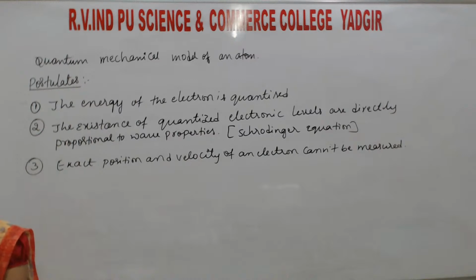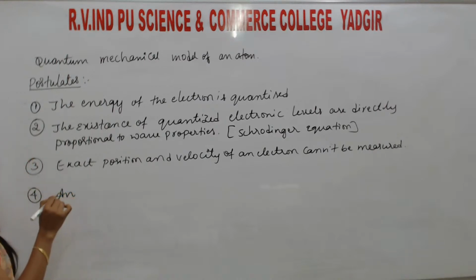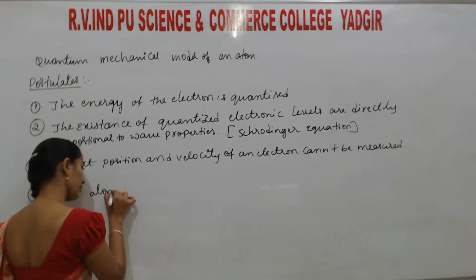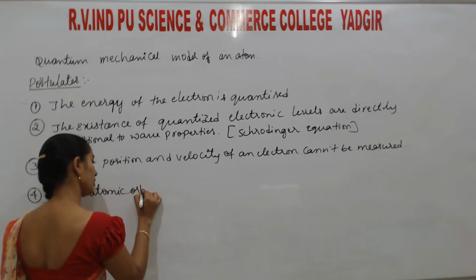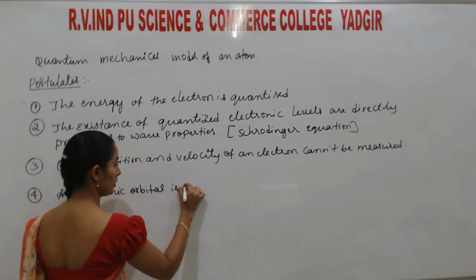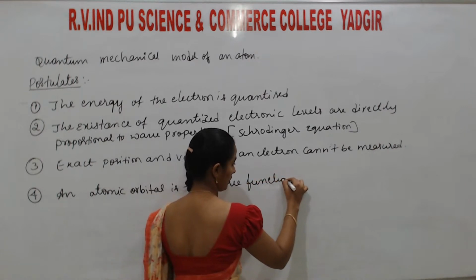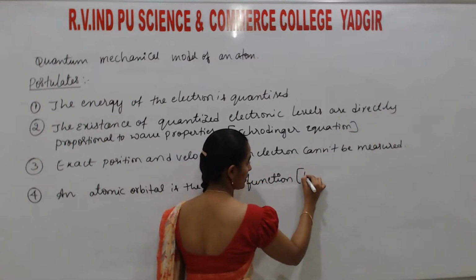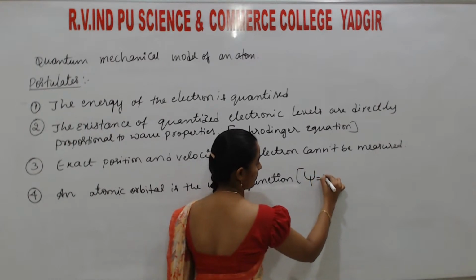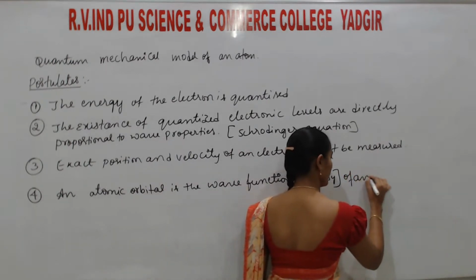Next, the fourth one: an atomic orbital is the wave function, represented by psi, of an atom.